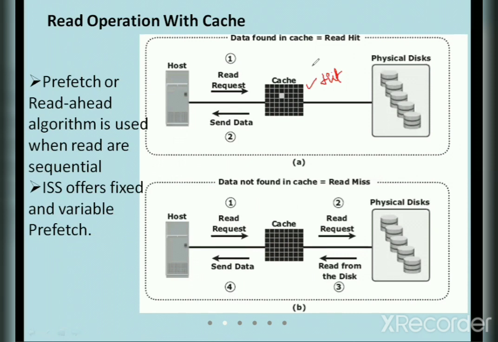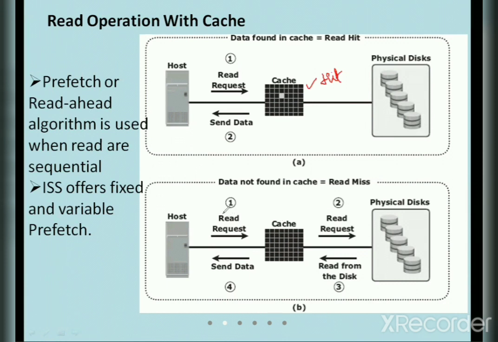The data is available. Now in case I request a page or data that is not available in the cache, then the cache will take some time to fetch the data from the disk. Please remember, the cache is connected to the disk. From the disk only, all the data will be available for us.